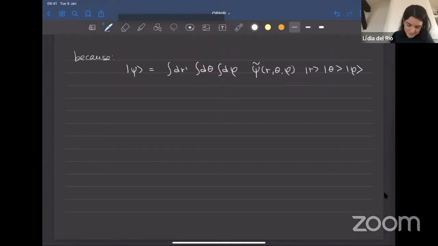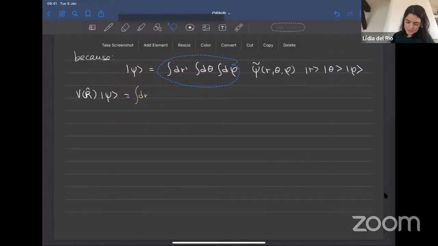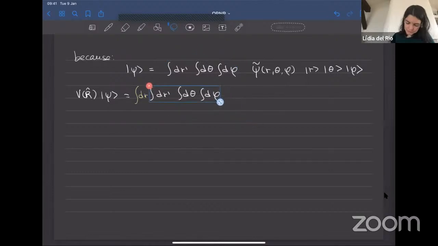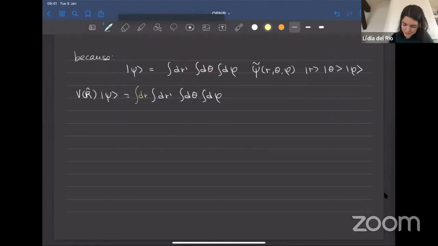And then when we apply V of big R on this state, what we get is now the R. Now come all of these again, so I'll just copy and paste, it's a bit faster.